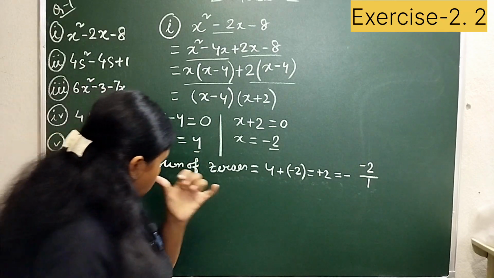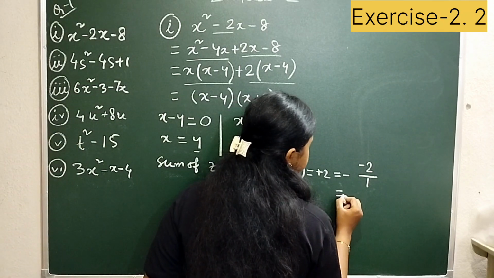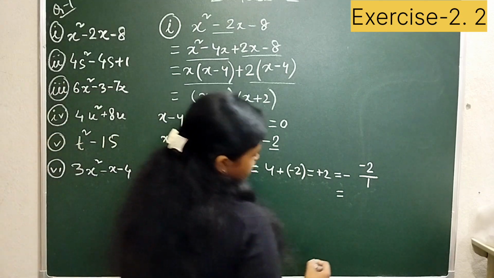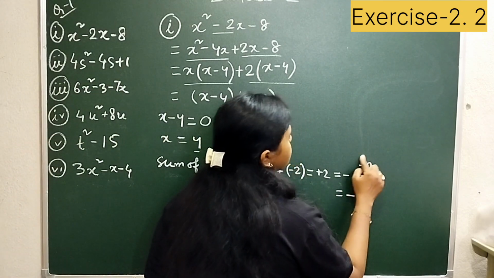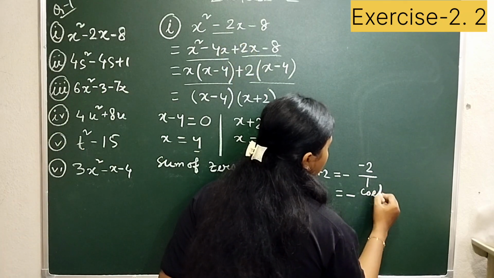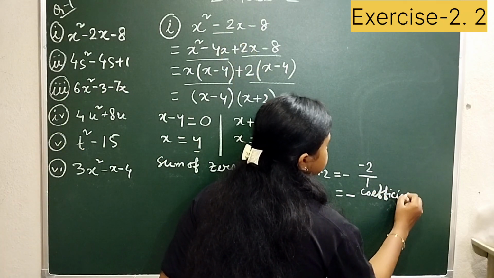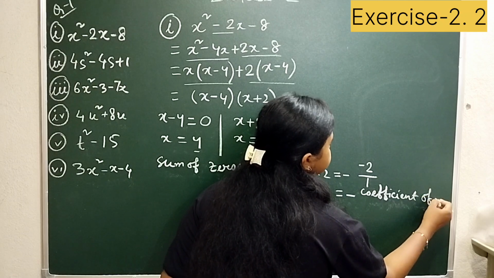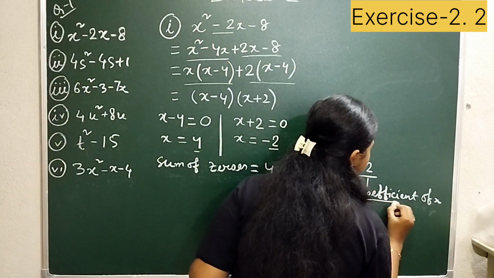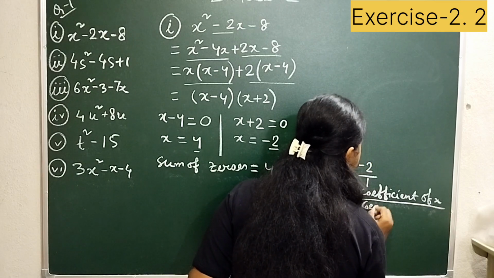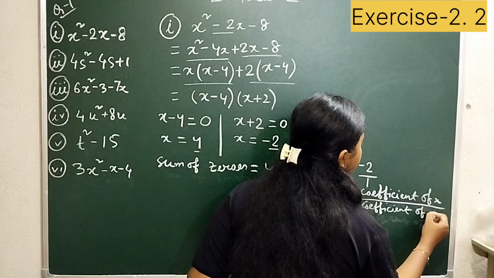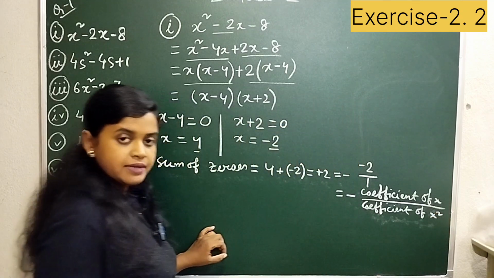Here we establish the relationship between the zeros and the coefficients of the polynomial. Minus 2 is the coefficient of x, and 1 is the coefficient of x square.